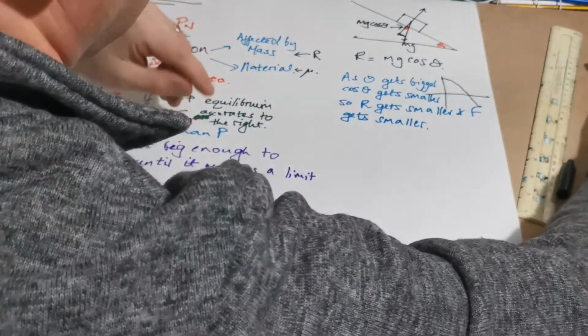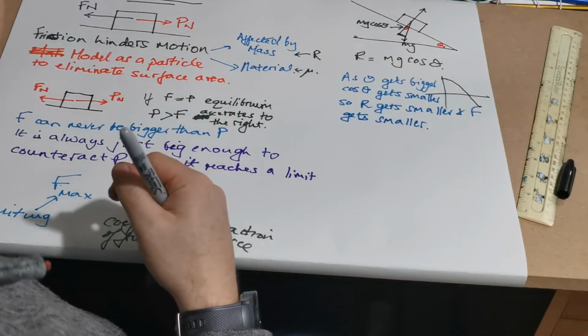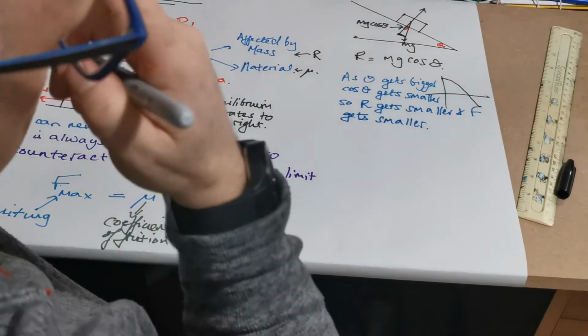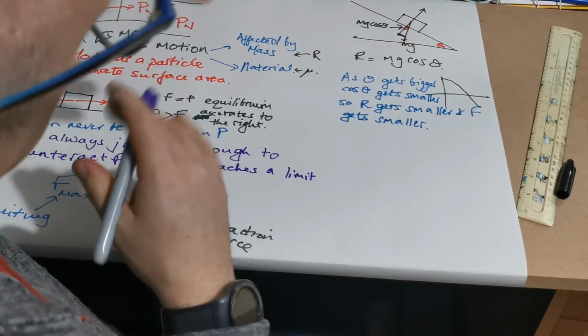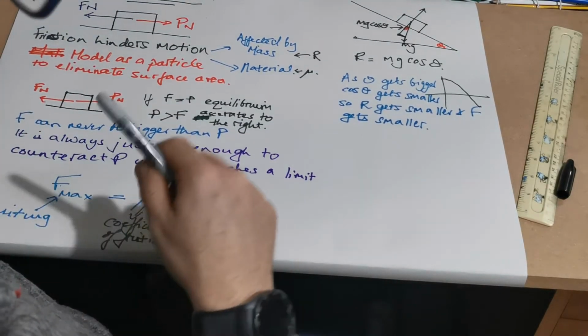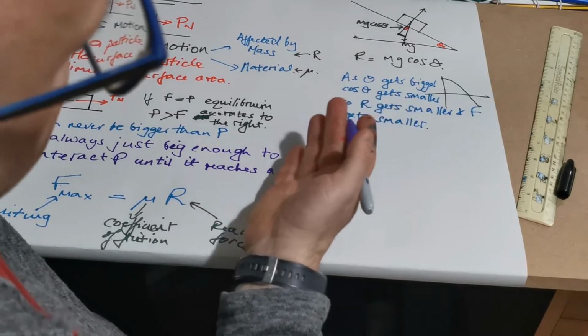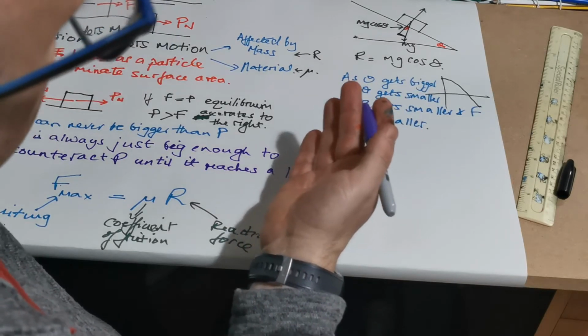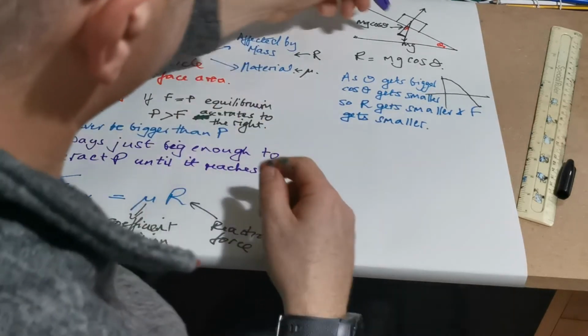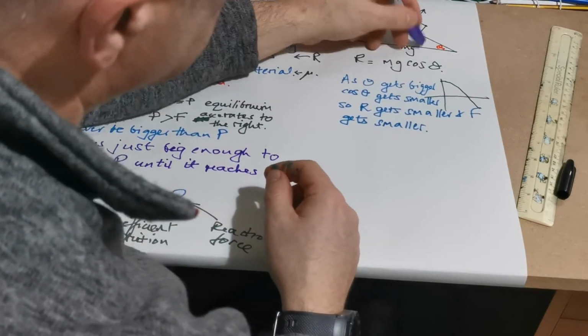So the reason why things slide more easily when you lift it up like that is that the reaction force is getting smaller. So because we're looking at F equals mu R, to keep the friction holding it, what is opposing it, which is this here.